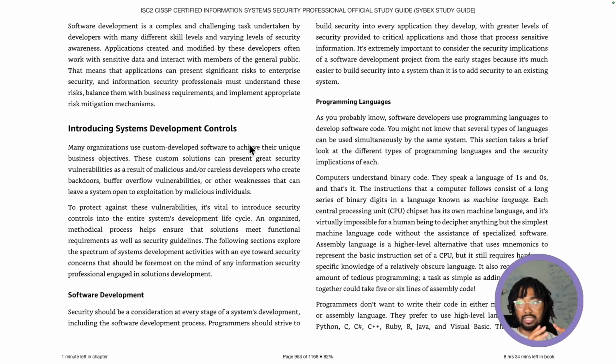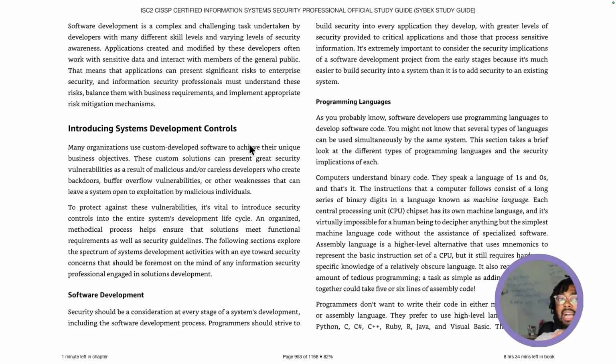The instructions that a computer follows consist of a long series of binary digits in a language known as machine language. Each central processing unit, CPU chipset, has its own machine language, and it's virtually impossible for a human being to decipher anything but the simplest machine language code without the assistance of specialized software.